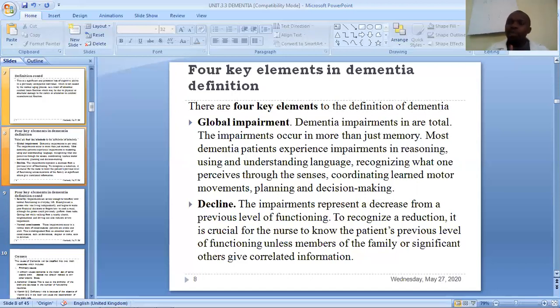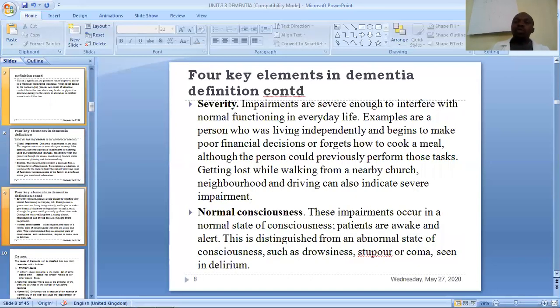So at least there should be a decline in the way they perform one or two activities of daily living. The first one we've mentioned is global impairment, that is in recognizing what one perceives through the senses, coordinating learned motor movements, planning and decision making. Or there should be a decline in the performance of one or two activities of daily living.